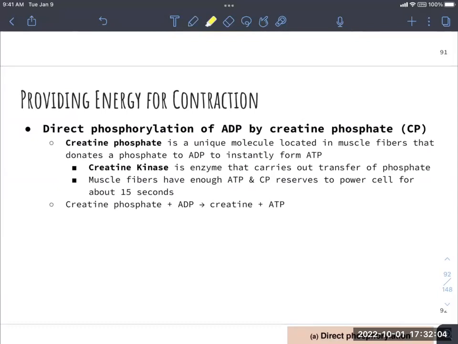So creatine, it's a molecule that is found in muscle fibers. That creatine phosphate gives up its phosphate group so it can be combined with ADP to make ATP. It's done with the enzyme creatine kinase. That creatine kinase comes in, it reacts with that creatine phosphate, takes off the phosphate and attaches it to ADP to make ATP.